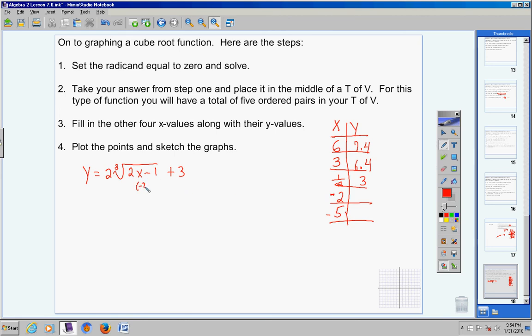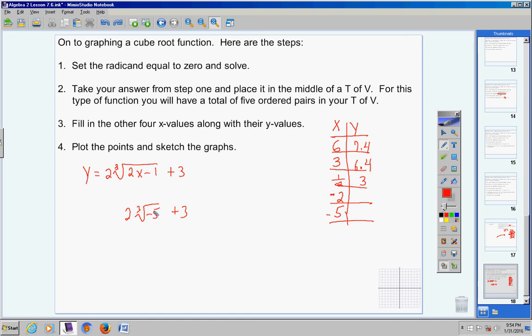Now let's go ahead and substitute a -2 in. A -2. Alright? 2 times -2 is -4. And then minus 1 is -5. So I have 2 cube root of -5 plus 3. You cannot take the square root of a negative number, but you can take the cube root of a negative radicand.